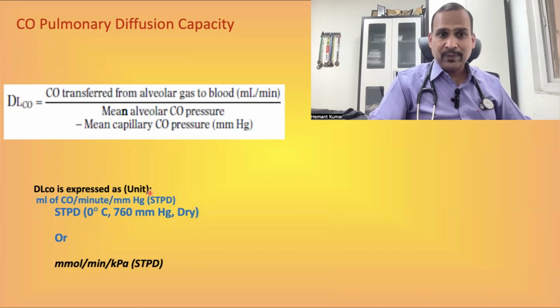So we have to keep STPD constant, then only we can calculate as ml per minute per mmHg. This is a very important question for your MCQ in the DM entrance examination. Or if you take gas in millimole, then the unit will be millimole per minute per kilopascal, and STPD would be the same. So these two units we have to remember.